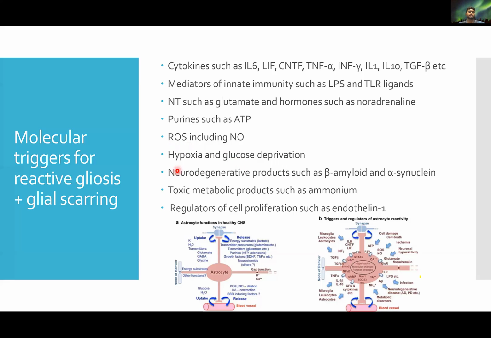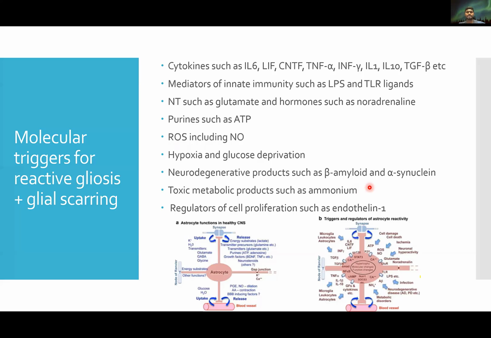We have neurodegenerative products such as beta amyloid from Alzheimer's, alpha-synuclein from Parkinson's, toxic metabolic products such as ammonium. So ammonium is positively charged. It is a byproduct of a reaction with a protein, so just remove deaminases of glutamine to glutamate, as we mentioned previously.